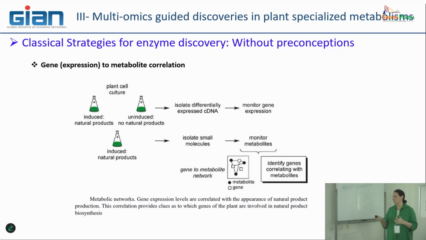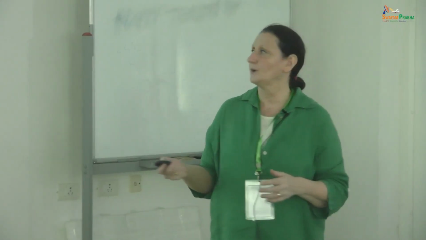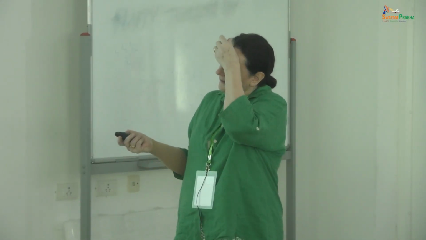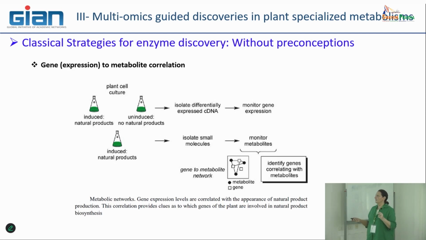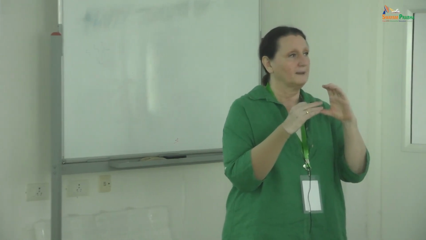And what is also interesting is that if you have also isolated all the small molecules, meaning you have done some metabolomic study, you can monitor the gene expression and the metabolite expression to make what we call the gene-to-metabolite network. And by this way, with some statistical analysis of your data, you can correlate the presence of several metabolites with the expression of several genes.